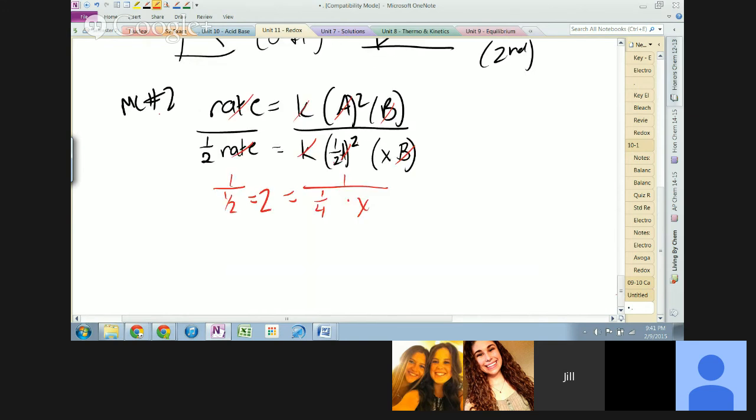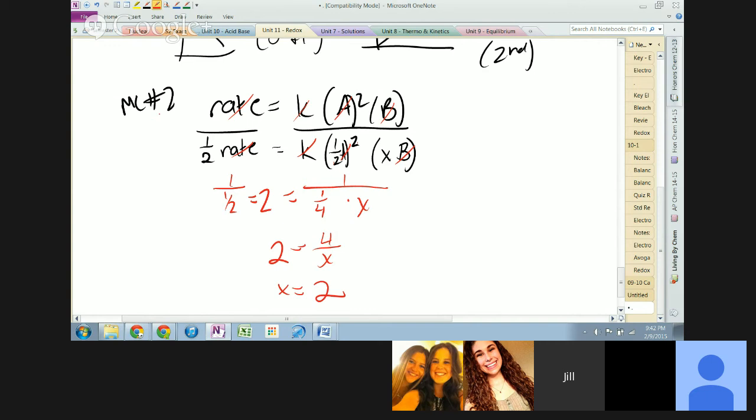Wow, I chose a really mathematical way to solve this problem. There's got to be an easier way. Basically you want to solve for x, so that'd be 4 over x equals 2, so that x would be 2. So you need to double the concentration of B.